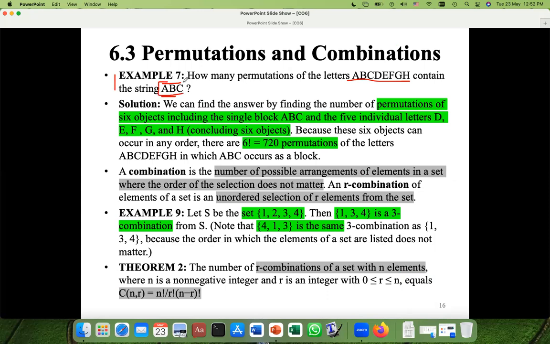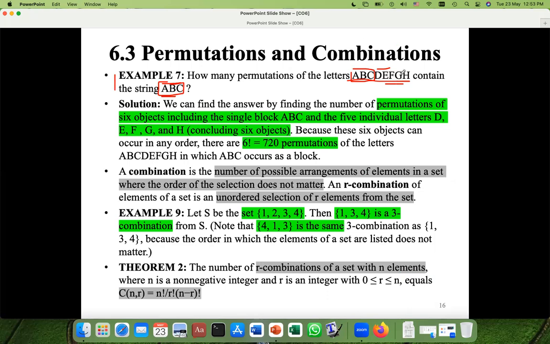We don't want to change the order of the letters A, B, and C. We can shift this ABC to any position, but we will shift the whole ABC, not A only, not B only, not C only. So ABC will move as a whole block.